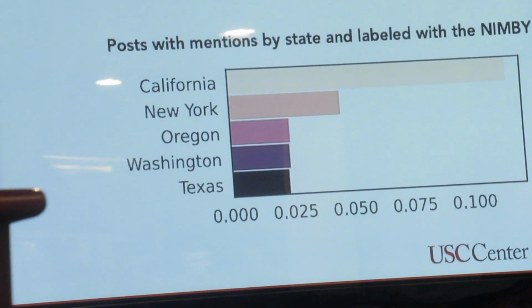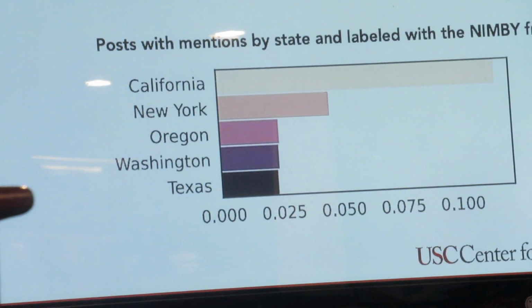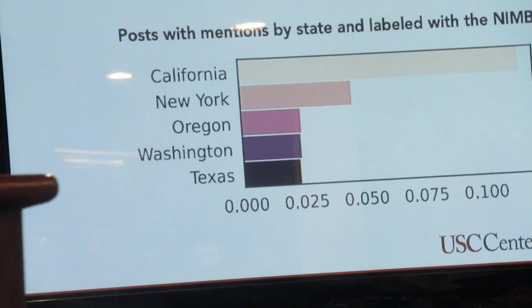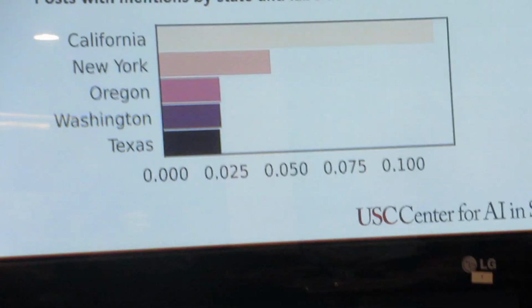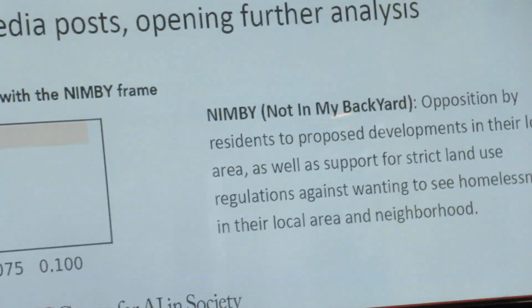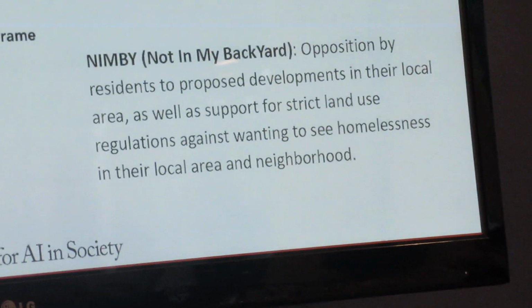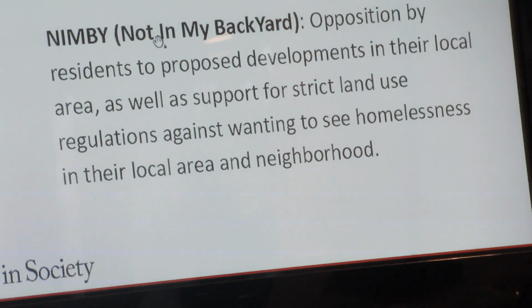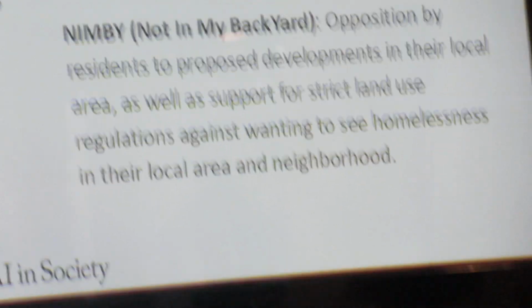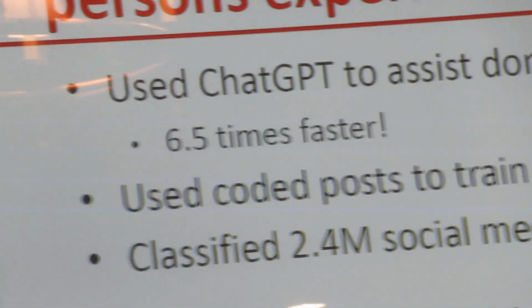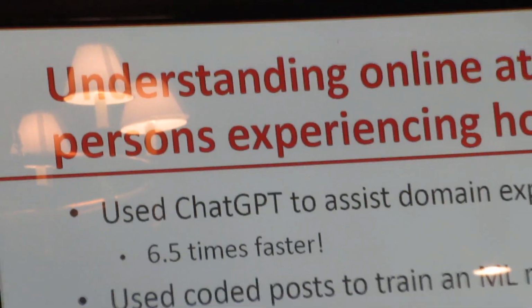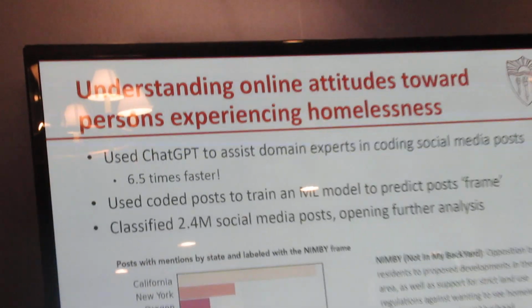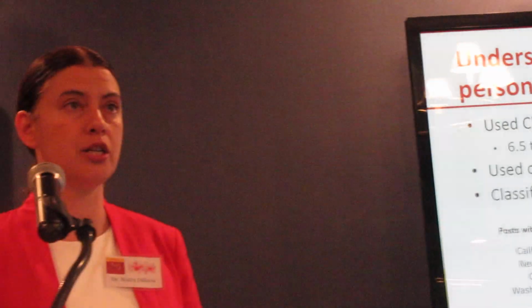So here's one category, which is the NIMBY category, not in my backyard, which is basically opposition by residents to proposed developments in their local area, etc. And they are able to do statistics like, in each state, what's the percentage of homelessness tweets that are more aligned with this attitude versus something else. And so again, you can see how this can inform both policy as well as advocacy organizations in terms of understanding and then targeting messages to different places.